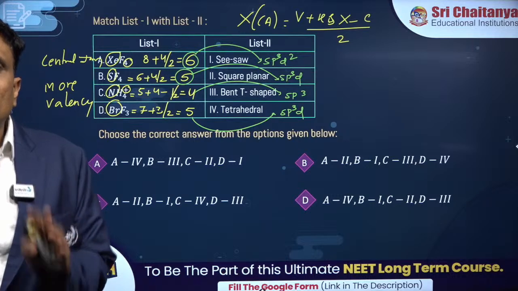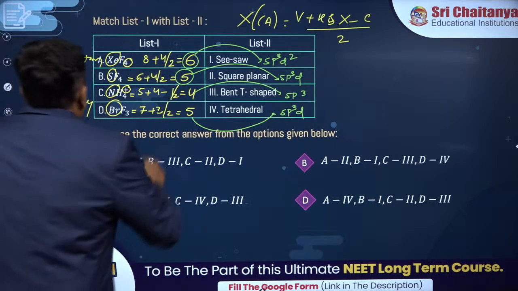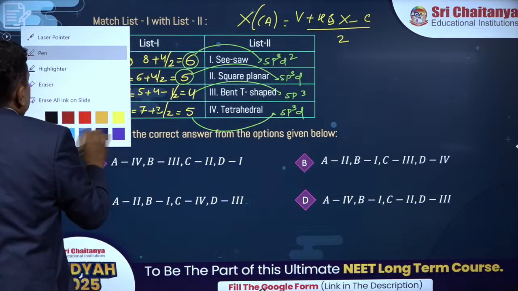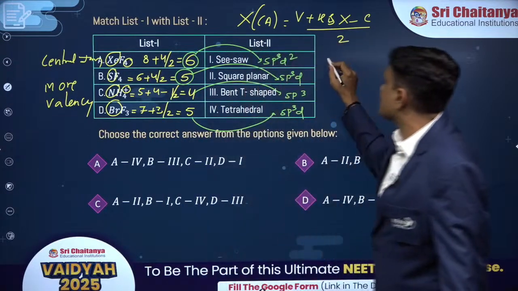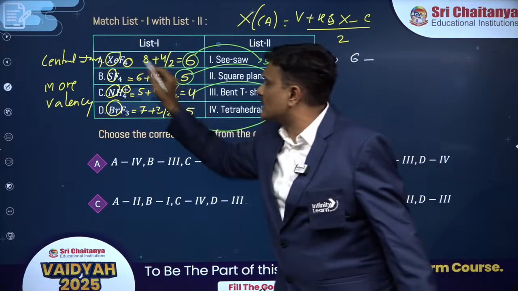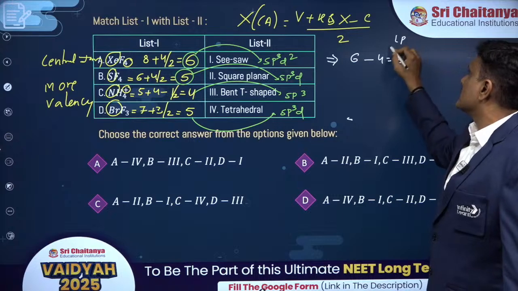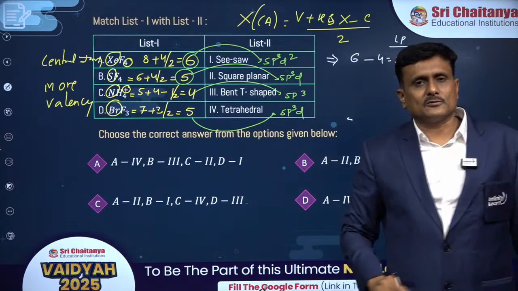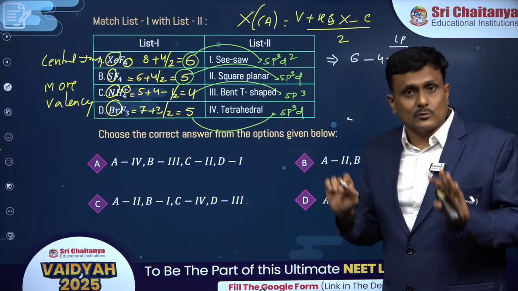And after that, how to predict the number of lone pairs? See how many advantages there are. You got the X value as 6, minus the number of atoms attached, which is 4. So the number of lone pairs would be 2, because lone pairs are also asked. So this formula will not only tell you the hybridization but also the number of lone pairs.